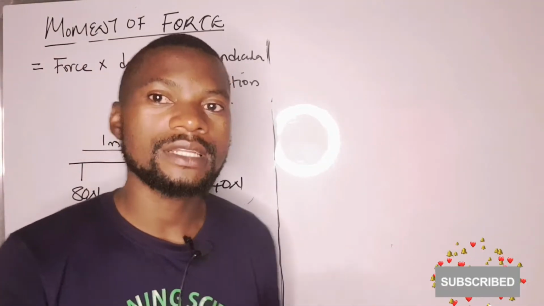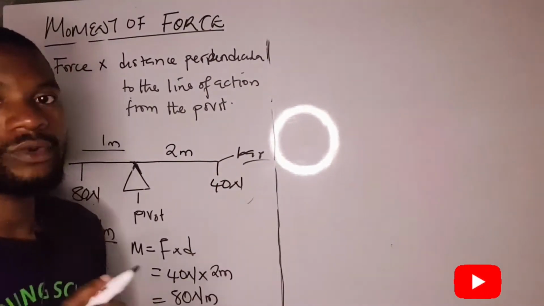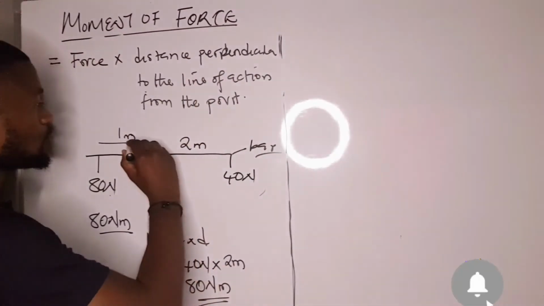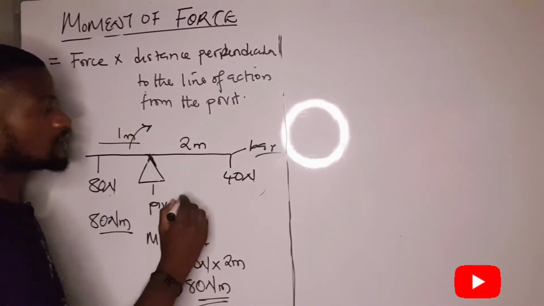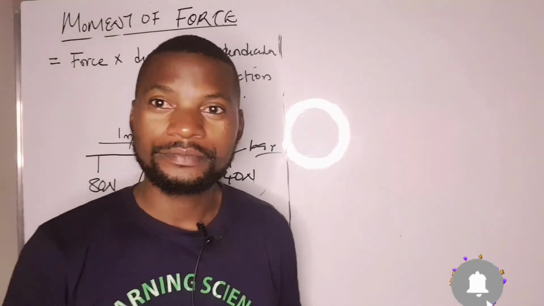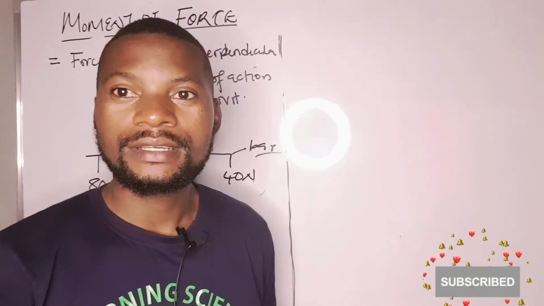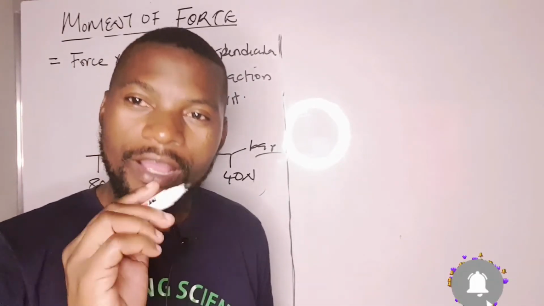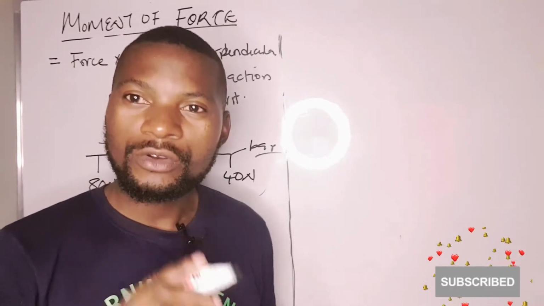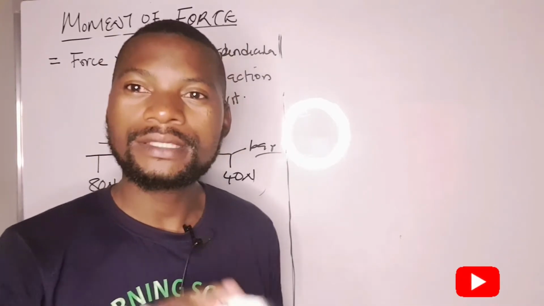It shows that this particular bar is in what we are calling equilibrium. Meaning the clockwise moment is equal to the anticlockwise moment. Therefore, the principle of moments states that for a body in equilibrium, the sum of the clockwise moments is equal to the sum of the anticlockwise moments.